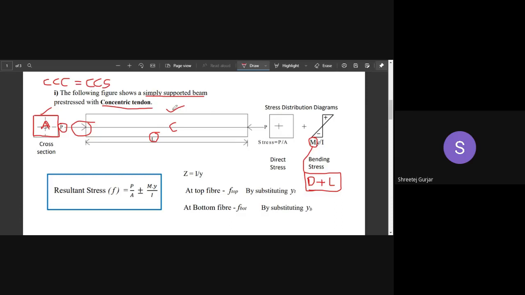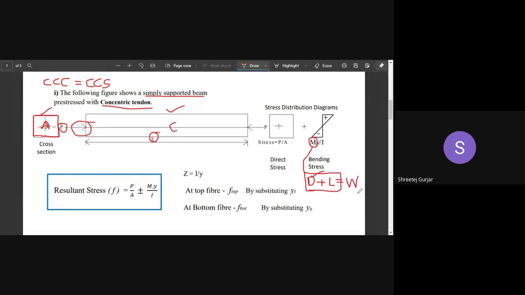Live loads will be given. Dead load you calculate from the cross section, which gives the self weight of the beam. Add both of these to get the total load W.